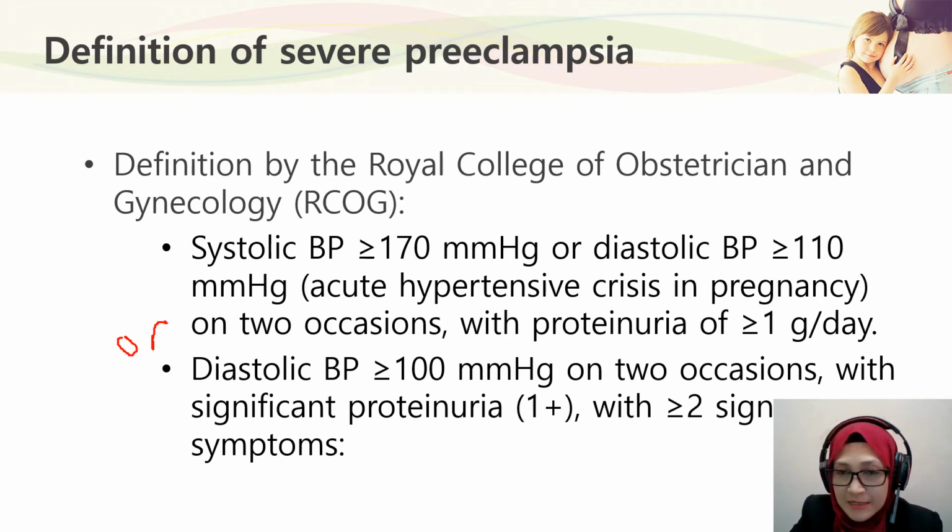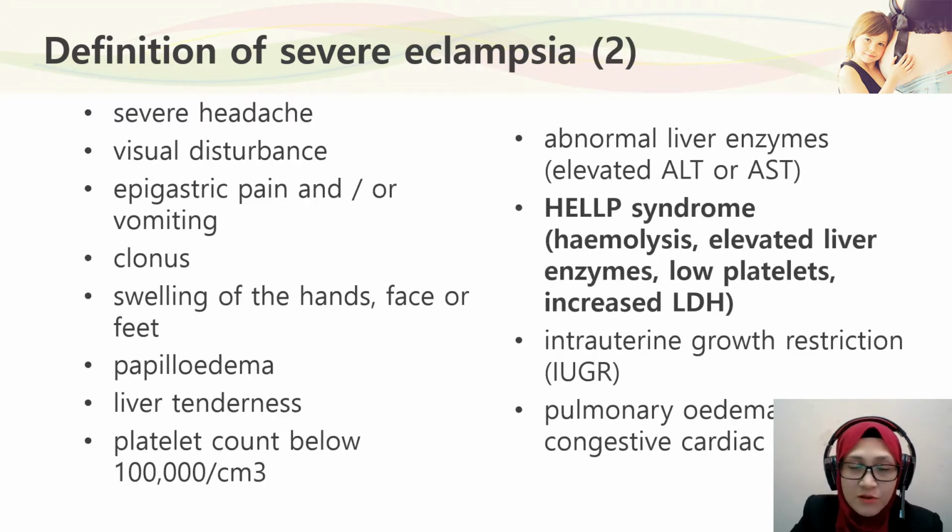And the 2 or more signs or symptoms are from this list: severe headache, severe visual disturbances, gastric pain, abnormal liver enzymes, IUGR, liver tenderness, and also low platelets.